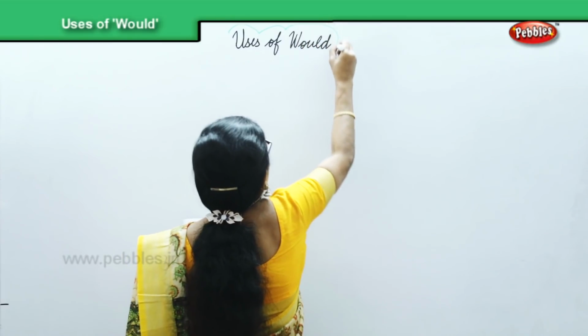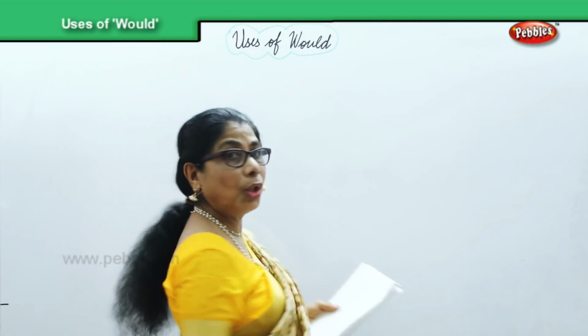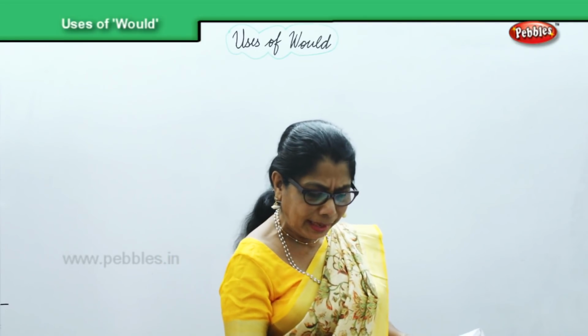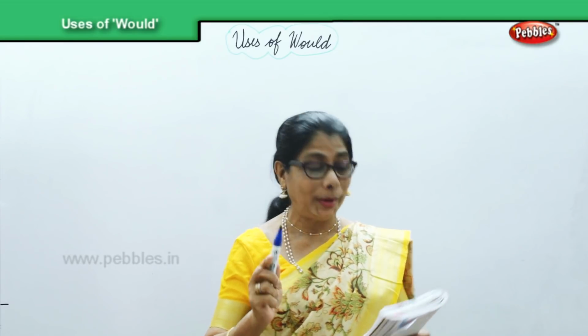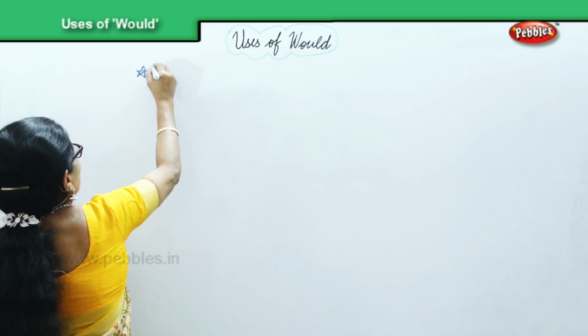That's what we are going to look at now. Now, wood is the past tense of will. We need to remember that. What do we remember? Wood.